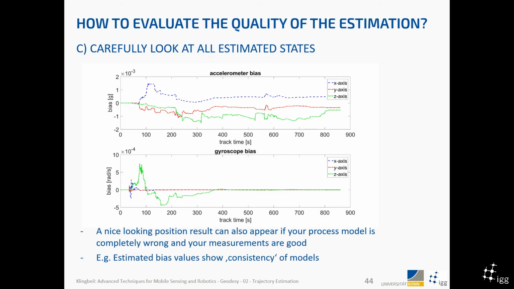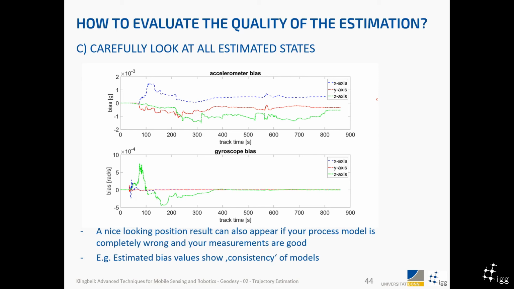Another thing which you could do to evaluate a filter is to look carefully at all estimated states. Usually, if you write a filter for position and orientation estimation, what you do is you look at the position output, and you think, oh, that looks nice. And then you think that your filter is actually working. But this can be completely wrong, right?